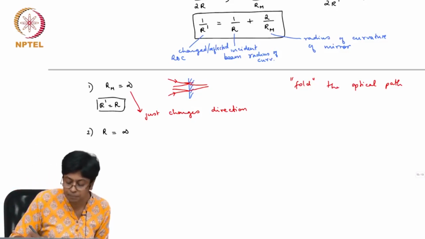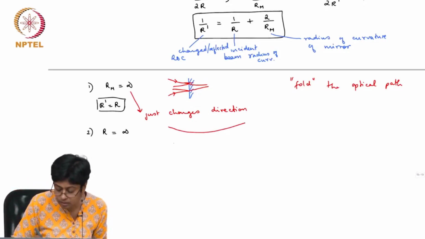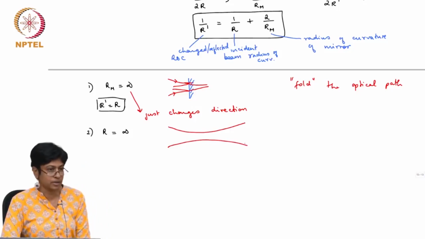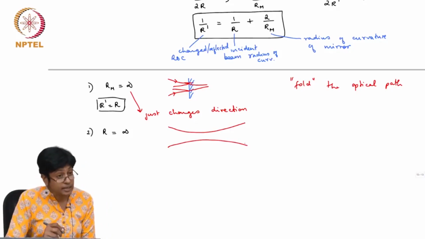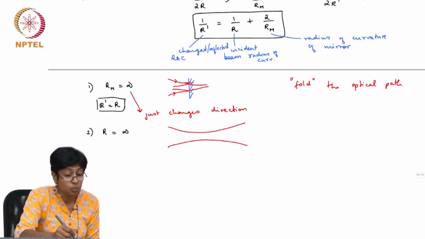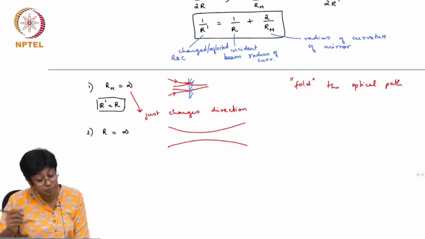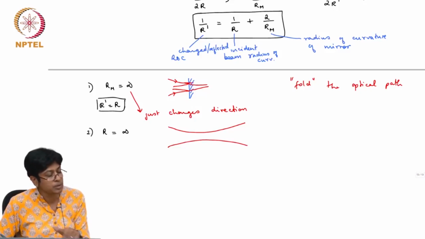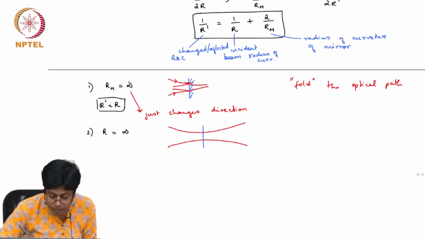So my Gaussian beam, doing this standard drawing, now if R is equal to infinity, I want to put the mirror at a particular location. What location am I putting it at? Where is R equal to infinity? At the waist. So I'm saying put the mirror here.